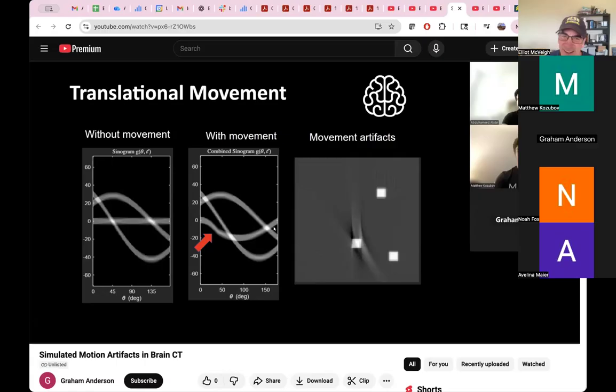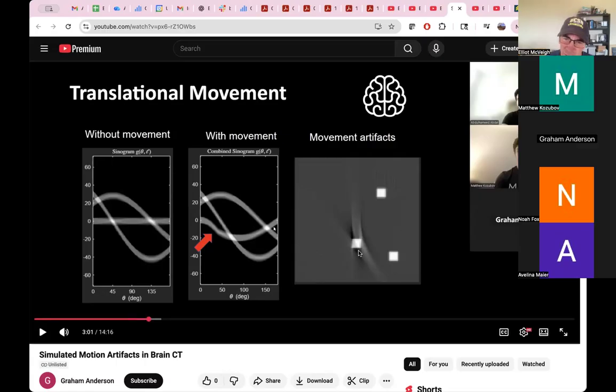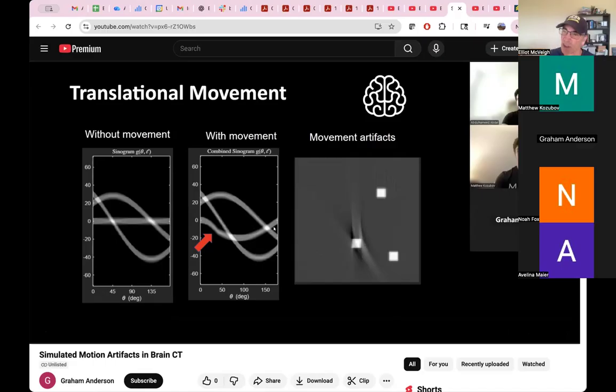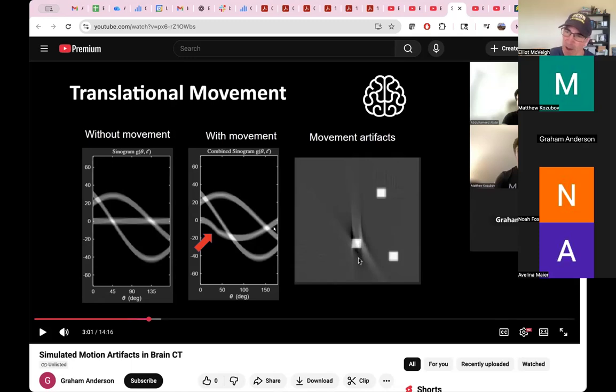But this type of artifact, where you have this dark shaded thing here and then amplified brightness or shading over here, is super important in, for instance, coronary imaging, where people are trying to identify dark Hounsfield units as fat, or inside a lesion, a lipid-rich lesion. Your Hounsfield units are lower in those regions, but they're also lower because the thing moved, right? So you have to take that motion out.